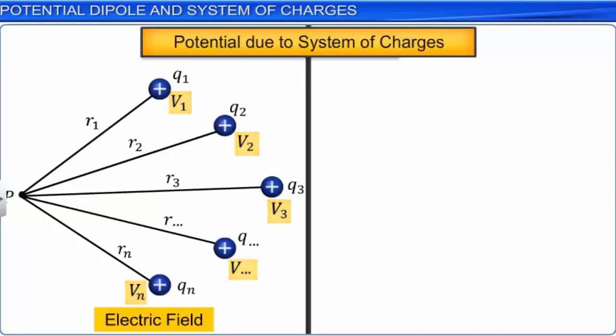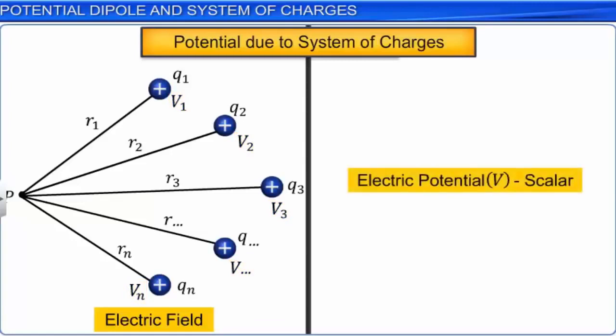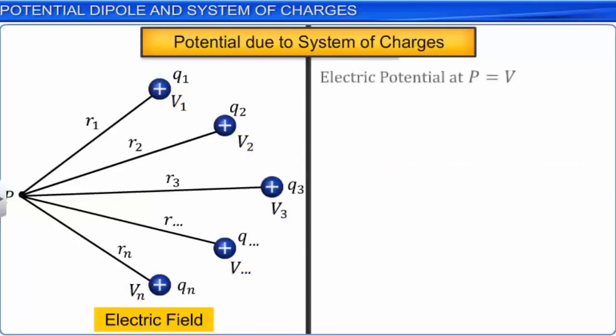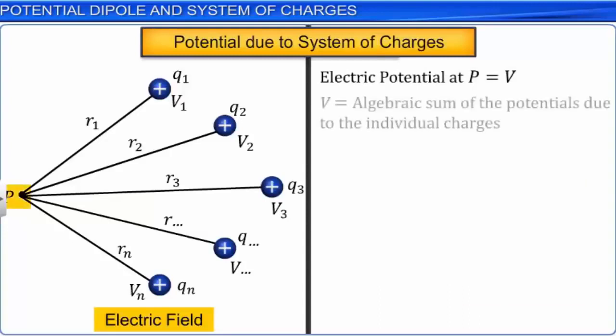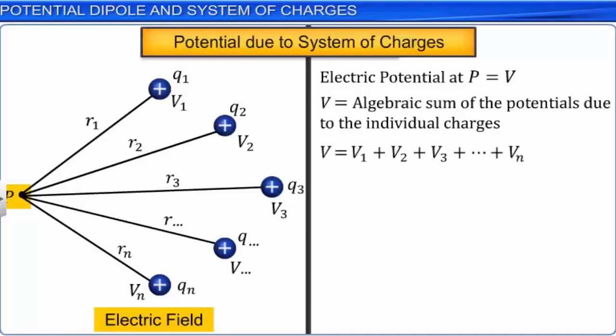Since electric potential is a scalar quantity, the net electric potential V at point P will be equal to the algebraic sum of the potentials due to the individual charges. Thus, V is equal to V1 plus V2 plus V3 and so on up to Vn.